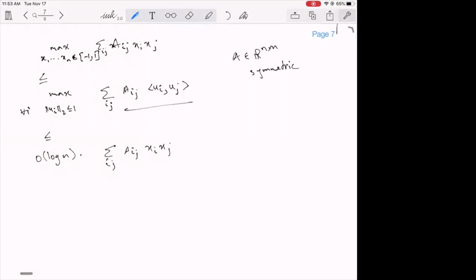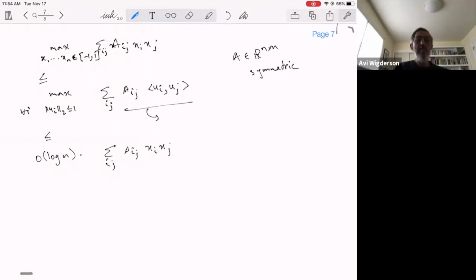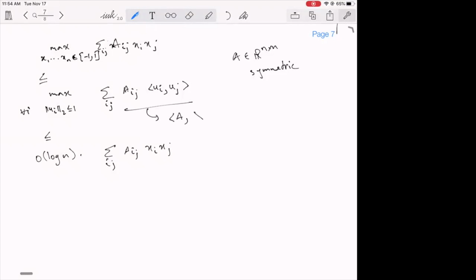Another way to rewrite this expression is as the inner product of A with a PSD matrix bold X, and any PSD matrix can have its entries written as the inner product of two vectors of dimension at most n. The constraint that the Gram vectors have L2 norm at most 1 corresponds to the constraint that this PSD matrix has diagonal entries at most 1.